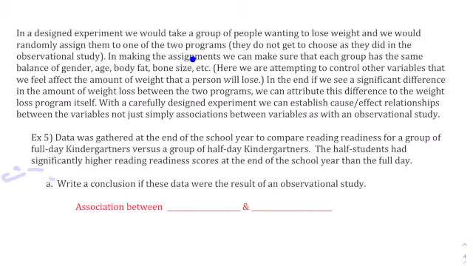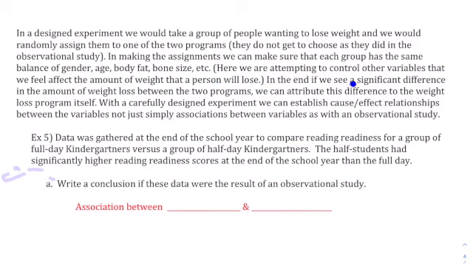In making the assignments, we can make sure that each group has the same balance of gender, age, body fat, bone size, etc. So we are putting parameters on them. We are setting up the rules. Here we are attempting to control other variables that we feel are going to affect the amount of weight that a person will lose.